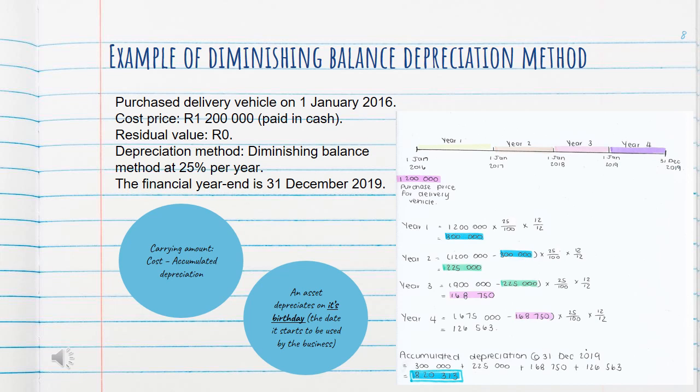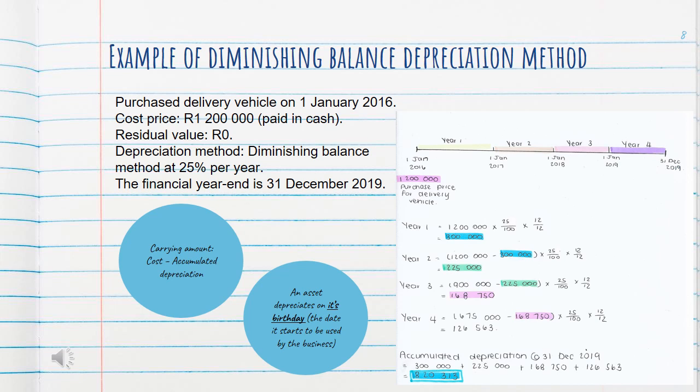Now, I know that does sound unnecessarily daunting, but it is actually very simple. All that I'm saying is that your accumulated depreciation gets taken out from your cost every year. So as you can see, I've colored there. In year 1 we worked out depreciation as normal and we got 300,000. Then in year 2 we took the 1,200,000 cost price and we minused that 300,000, which was the accumulated depreciation at the time.